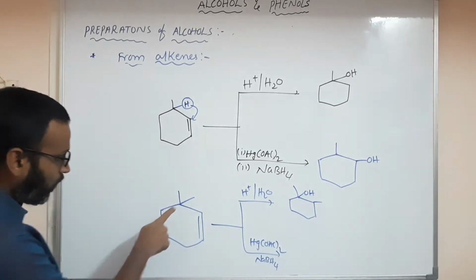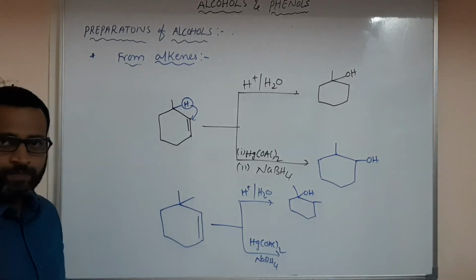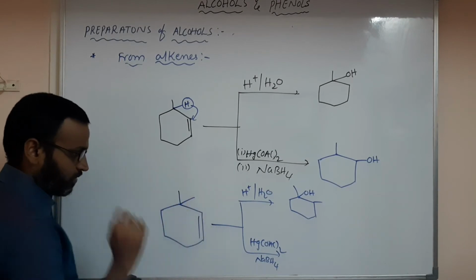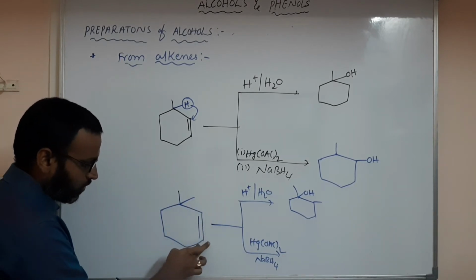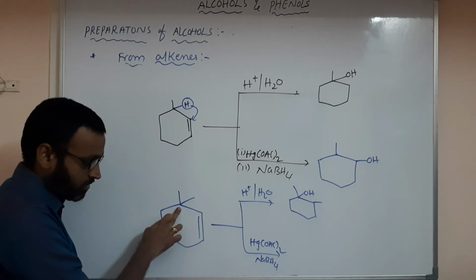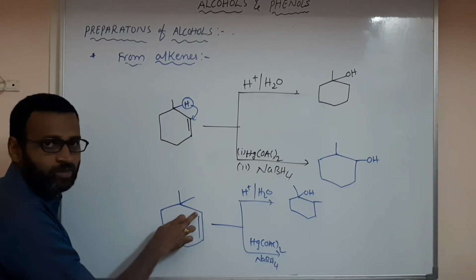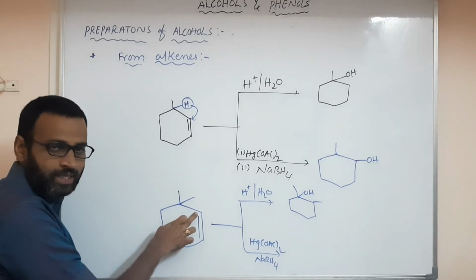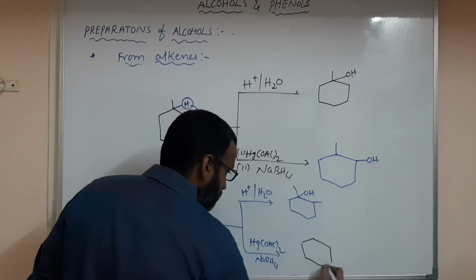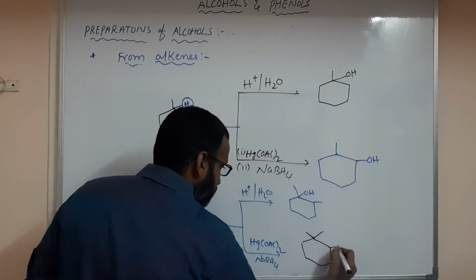One of the methyl groups shifted here. But in this particular case OH will come here only. Why not OH here? Because the adjacent carbon has donors, OH will be more stable here. So here the product is the same, no shift, no rearrangement, and you have OH here.